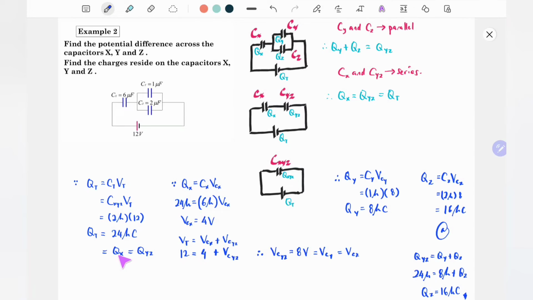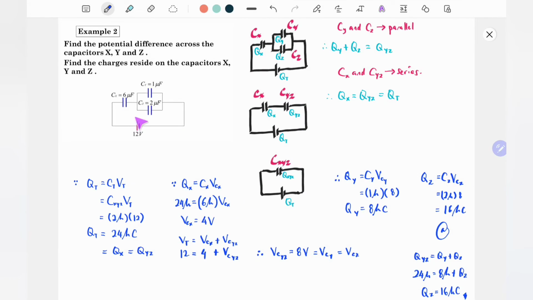For how to find V, by knowing CX is 6 microfarad and QX equals 24 microcoulomb, because they are arranged in series, Q is still the same. Using Q and CX, we may calculate V across CX, which is 4 volts. According to the series arrangement, VX plus VYZ equals V total.